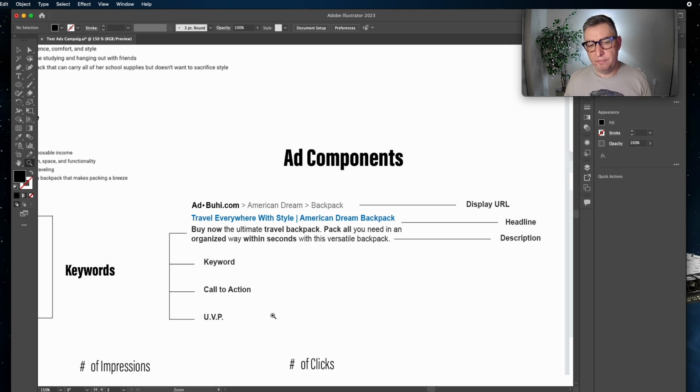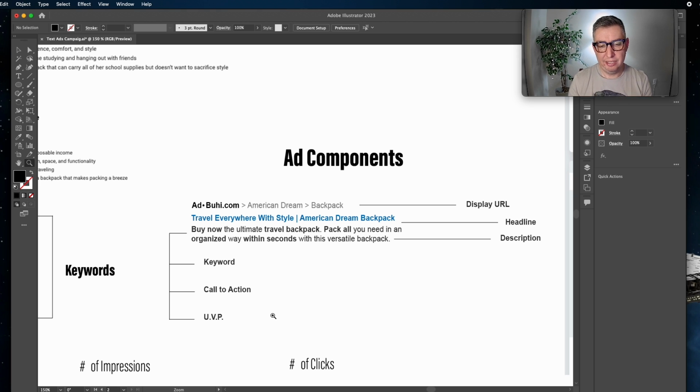If you don't have that, I would say try to add those elements. Try to get either a unique value proposition or a call to action in your headline. Remember, the headline is probably the first and only thing that people will see. If they don't find something attractive in your headline, you might not get the chance for them to even check your description.